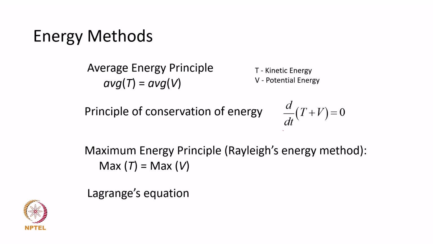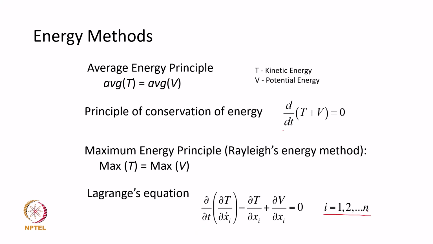The Lagrange's equation involves derivatives with respect to the generalized coordinates. For a single degree of freedom system, the equation becomes very simple, in that there is only one generalized coordinate, maybe x.